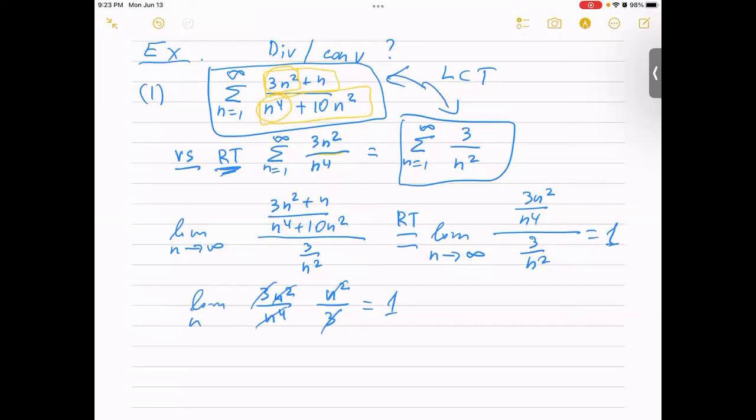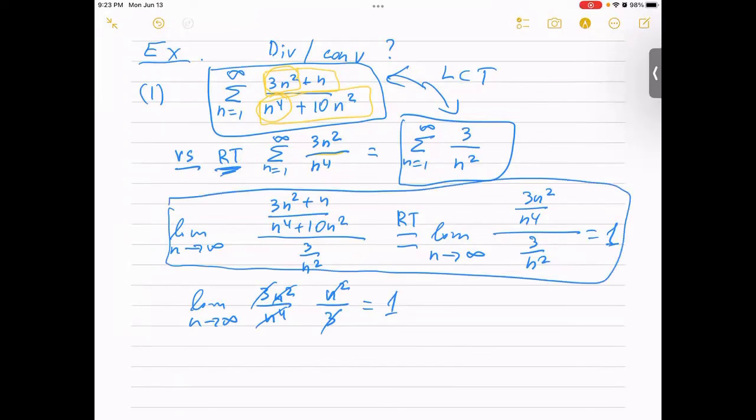That's a nice thing about doing a rule of thumb. If you can do it to your series, then you can clearly see what to LCT with, and most of the time we're going to skip that step because the rule of thumb will guarantee that the ratio is going to be equal to a nonzero number.